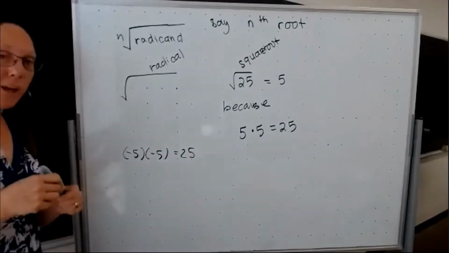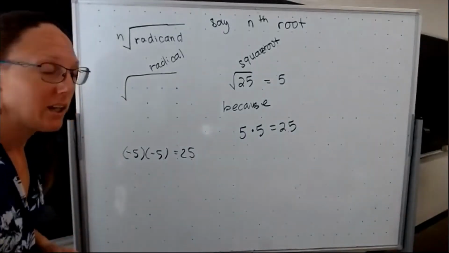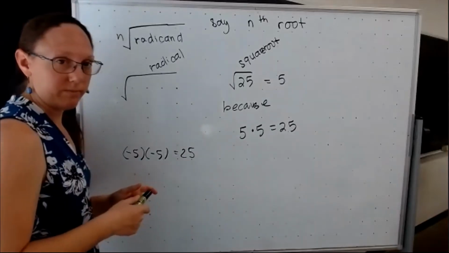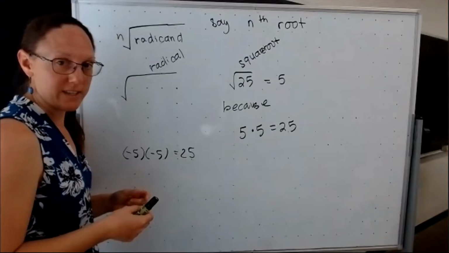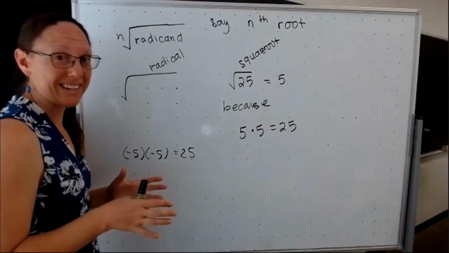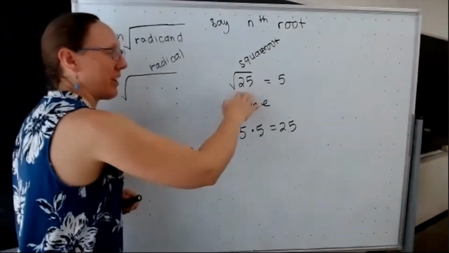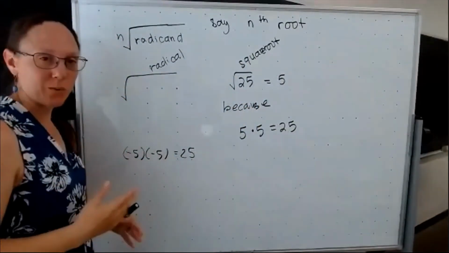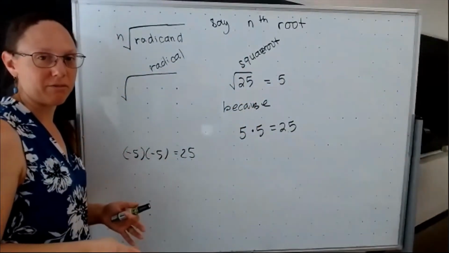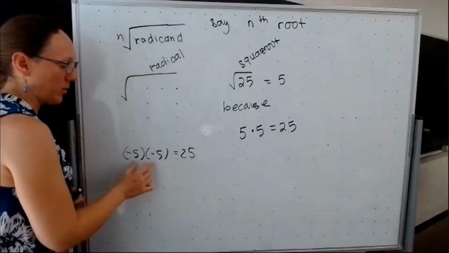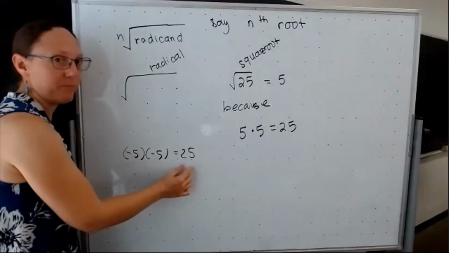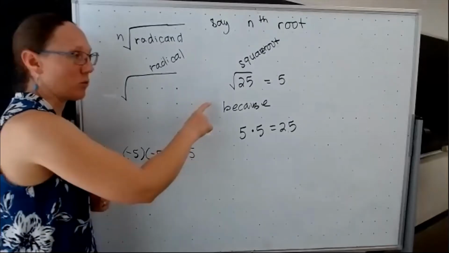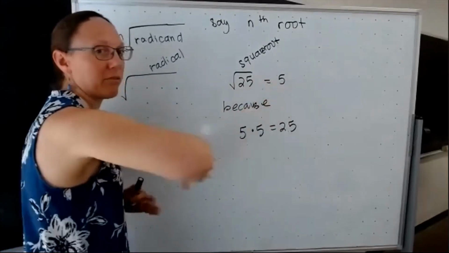So to avoid ambiguity, some old dudes, mathematicians, had to make a decision, and they defined that the square root of 25 was going to be positive 5. This has consequences when we talk about algebra stuff. So although this statement is also true, the square root of 25 is not negative 5. The square root of 25 is positive 5 always.